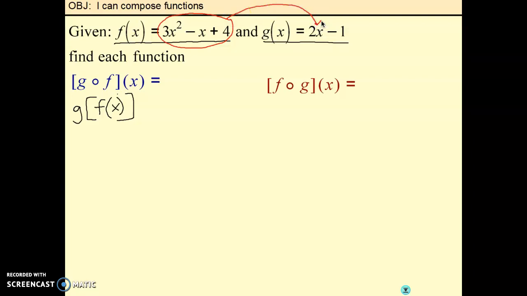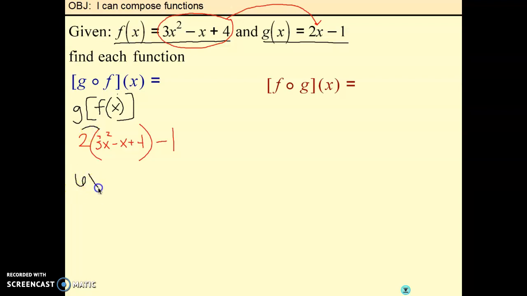Okay, that one looks like it's going to be the easier one, right? Because all I have to do is take 2 times, plug it in, and then subtract 1. I'm plugging in this trinomial. Squeeze that in there. And so really I just need to distribute, combine, and I'll be done.